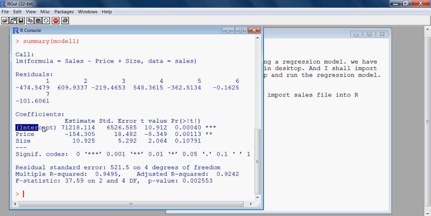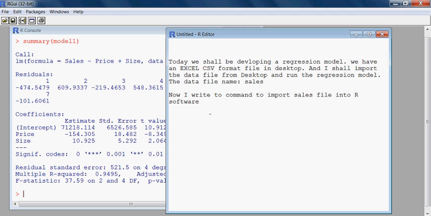The first row is the constant or intercept of the model, with its coefficient, standard error, t value and p value. This divided by this gives the t value, and this one is the corresponding probability.